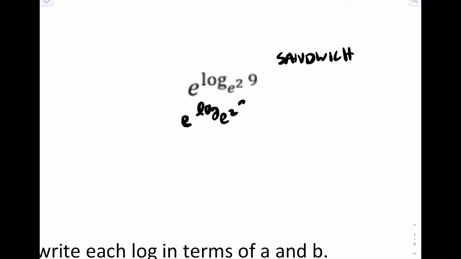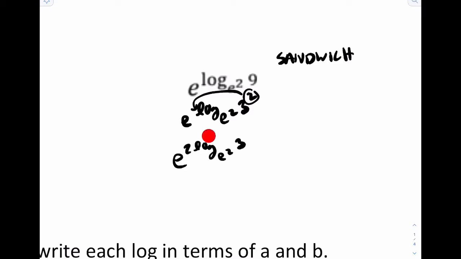I know 9 is 3 squared, and then I'm going to hairball that 2 here. So now I have e squared log, actually I'll write it a little bit nicer, e then 2 log base e squared 3.